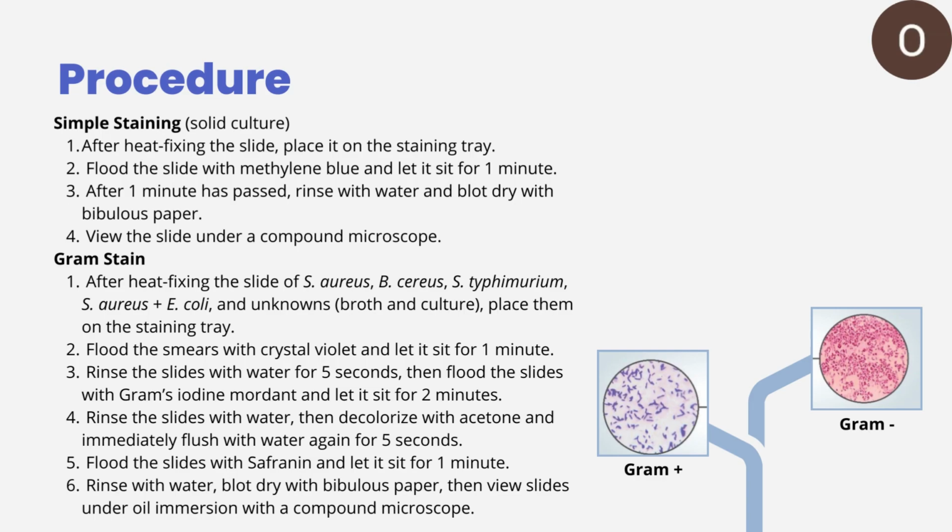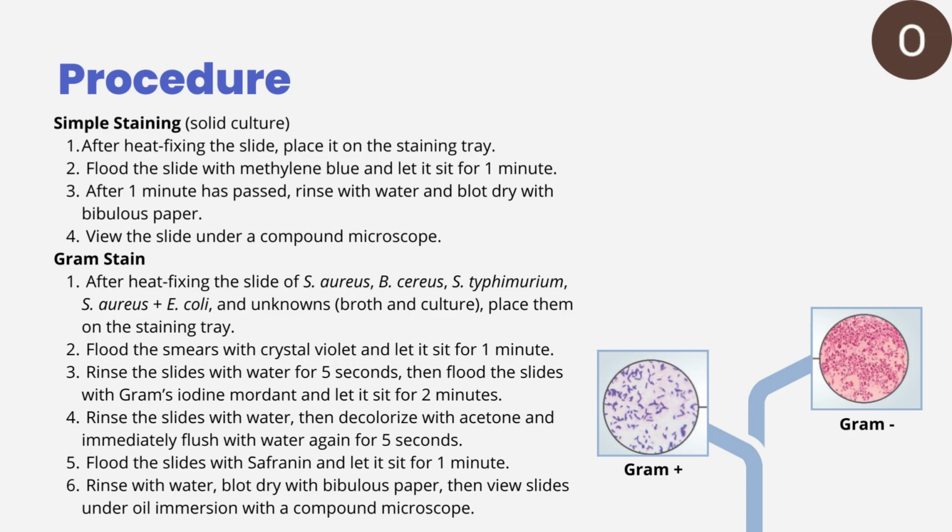Then we rinsed with water, decolorized the slides with acetone, and we immediately flushed with water after we put the acetone. And then finally, we flooded the slides with safranin stain and let it sit for a minute, rinsed with water, and then dried it with the bibulous paper and viewed them under the microscope.